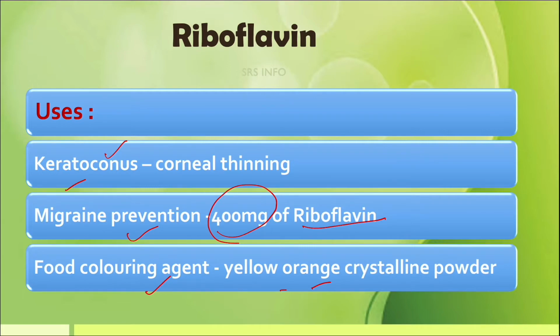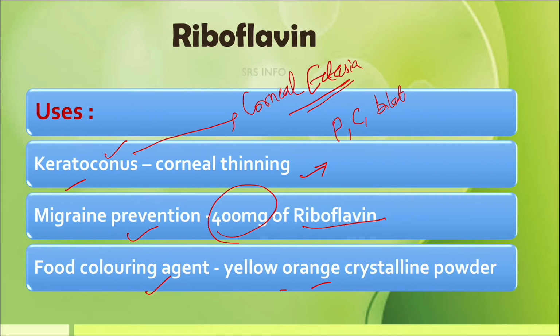Then come to keratoconus. This is a corneal thinning disease. And this is one of the most common forms of corneal ectasia. Do you know about corneal ectasia? Corneal ectasia is a non-inflammatory eye disorder, and basically it is the thinning of the cornea, that means paracentral, central or bilateral thinning of the cornea.